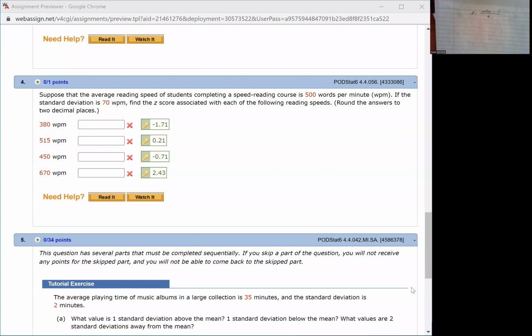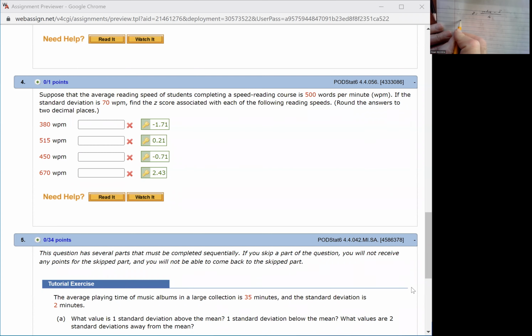We're to convert these scores to z-scores, okay? The mean is 500, the standard deviation is 70, and I'm going to write down each one so that we can see it, and then we'll put the values in after we get all the calculations done.